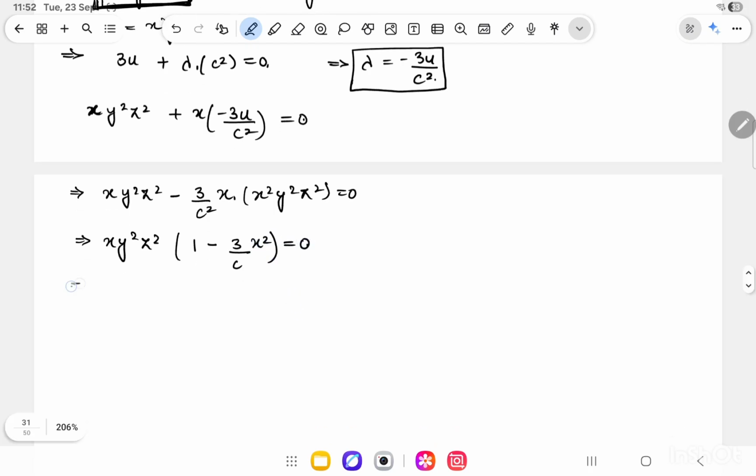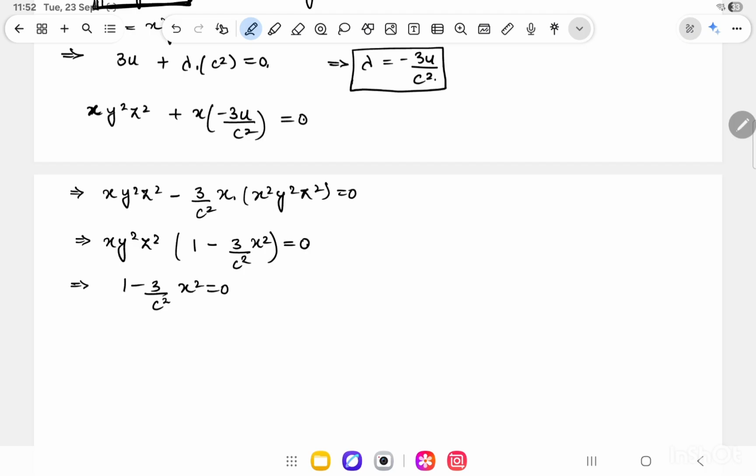So from here I'll get either x equals 0, y equals 0, z equals 0, or 1 minus 3 by c square into x square equals 0.